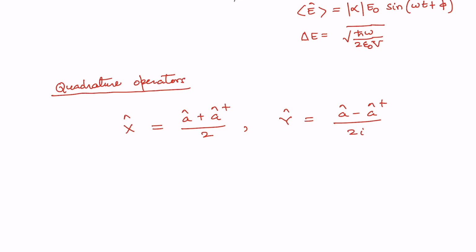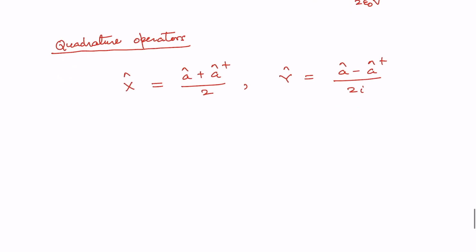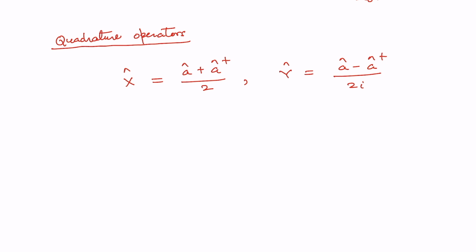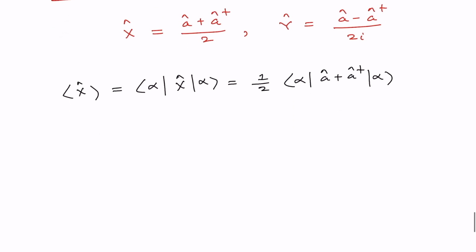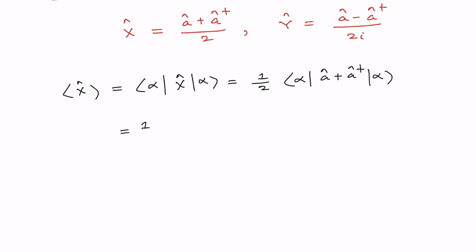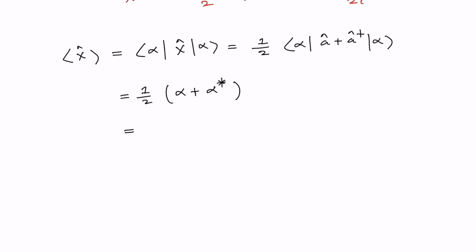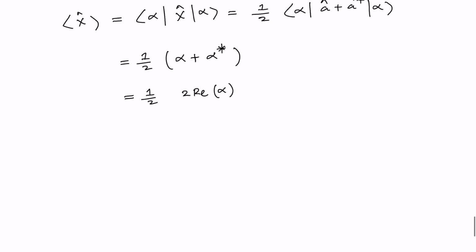Now you can calculate the expectation value of the quadrature x in the coherent state. It is very easy. You have to calculate the expectation of alpha, a plus a dagger, alpha, and this is going to simply give you 1/2 (alpha plus alpha star), which is nothing but 1/2 times twice the real part of alpha, because alpha is a complex number.